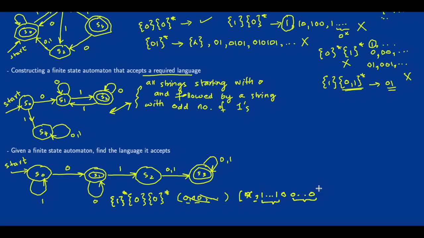So this is what we have right now. But then we can extend it, followed by 1 1, and then any string. So I can follow this string by just 1 1.